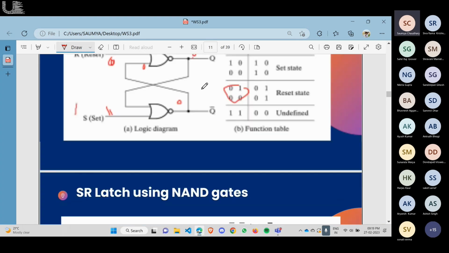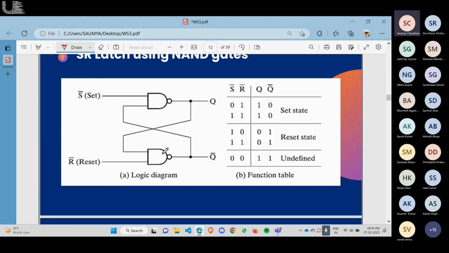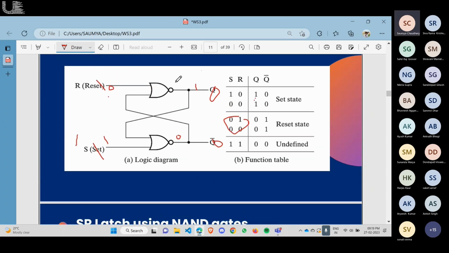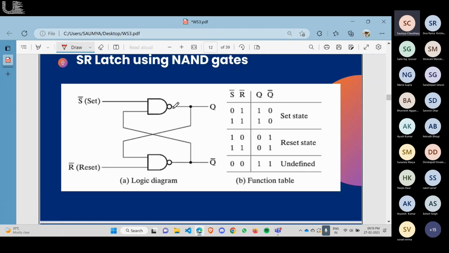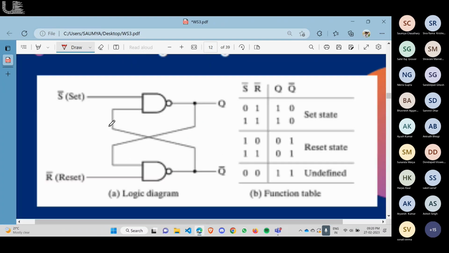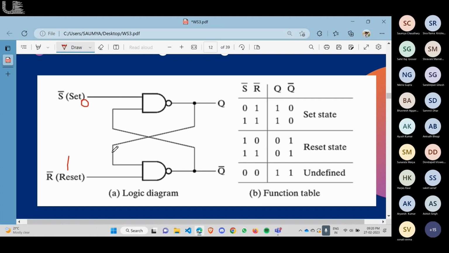SR latch using the NAND gate. Before, we were using the NOR gate. Now we will use the NAND gate. This is similar, but we just change the gates here. So if S prime is 0 and R is 1, as you know, in a NAND gate, if one input is 0, we will get output 1, and it does not depend on the other input.